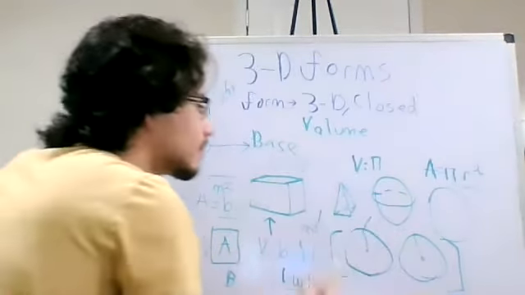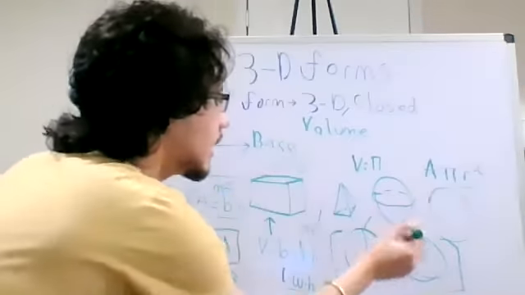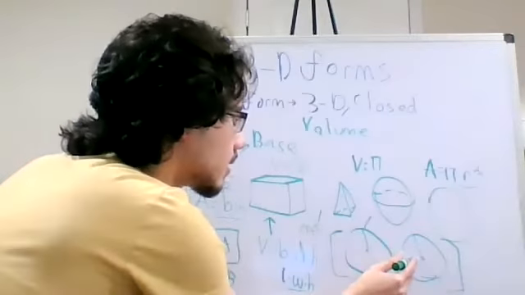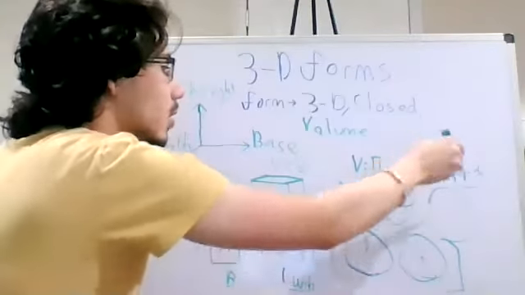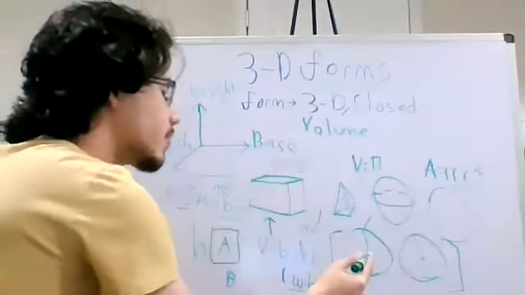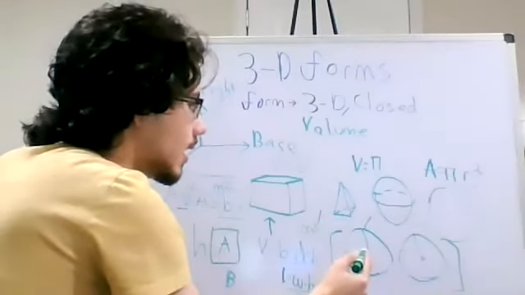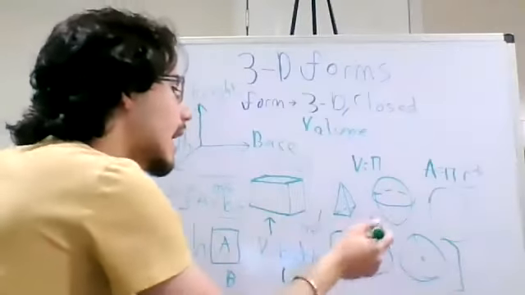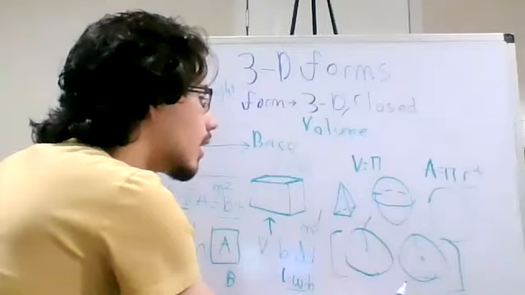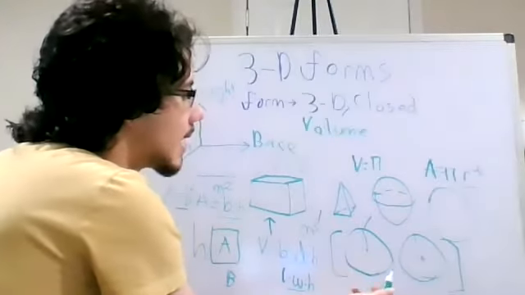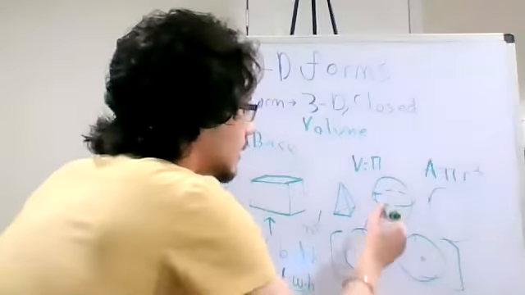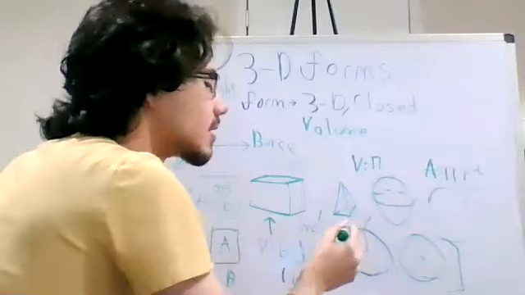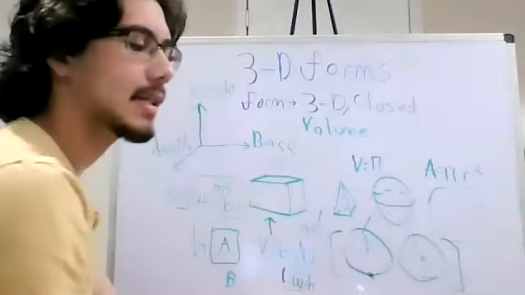So if this circle describes the horizontal of the sphere and this part of the sphere describes the vertical of the sphere, and they both use only r, then that means that all three directions use r. Does that make sense?